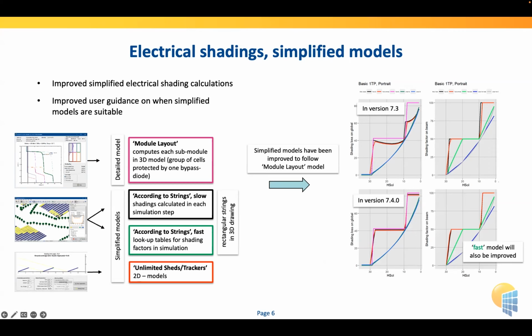This is a twin half cell with a single row. You see the electrical shading goes in steps. As parts of your cells are shaded, you lose entirely the production of these submodules. And you see that in version 7.3, we had a slight discrepancy between the simplified models and the module layout. We've been correcting that to get more precise results also with the simplified models.